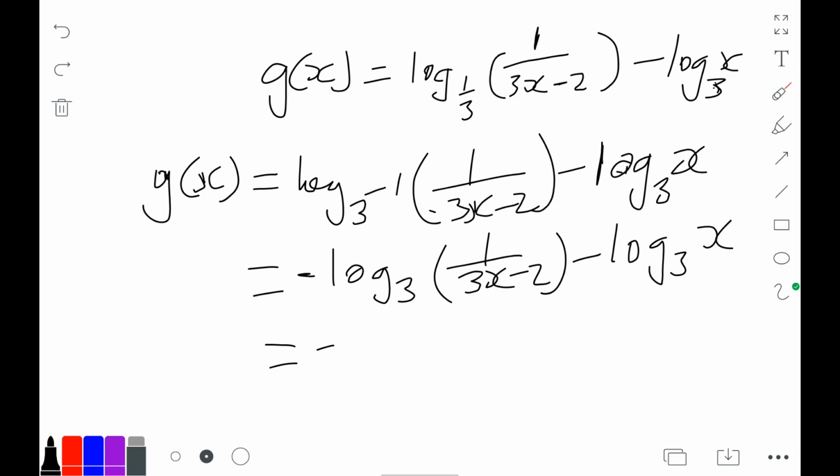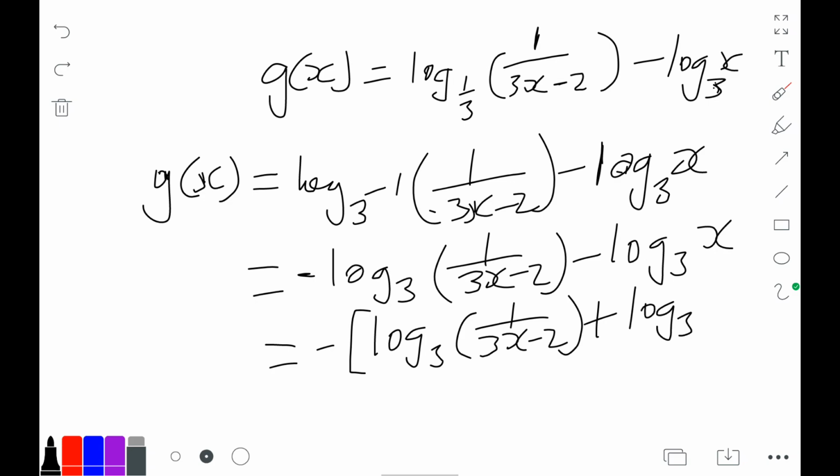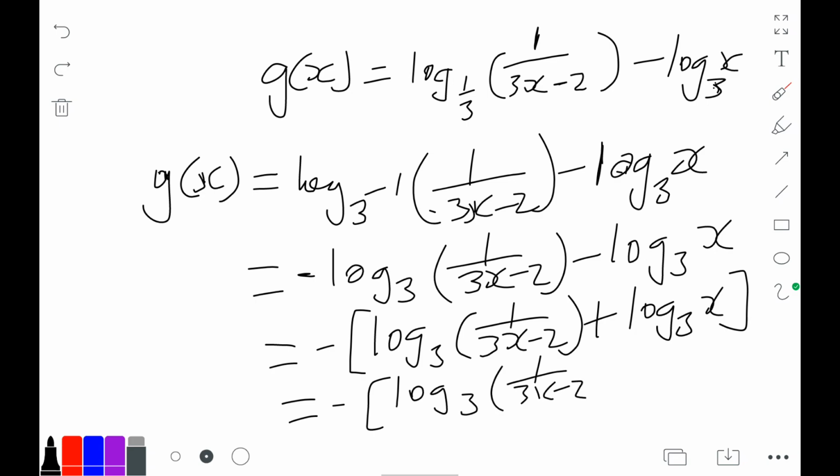Because of the negative, we take the negative outside, and it will be log. I'm just showing you some ways of trying to make it one: 3x minus 2, plus log of 3x. You know that these two will multiply each other. It's going to be negative, in brackets, log of 3 in brackets 1 over 3x minus 2 multiplied by x.